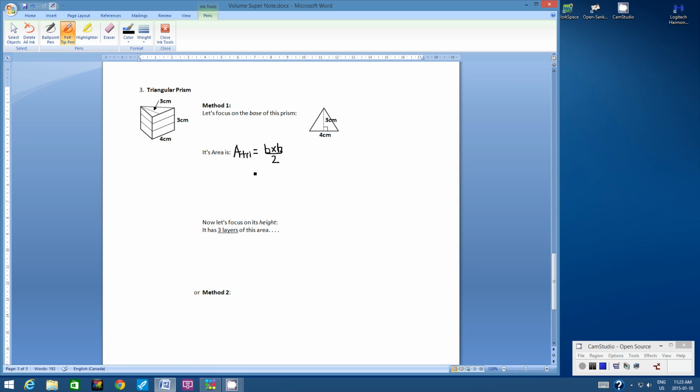All right, let's write down what we know. We know that the base of this triangle here is 4 centimeters. And remember, in a triangle, the height has to meet the base at a 90-degree angle. That's why we see this 90 degrees, a perpendicular symbol here. So the height is 3 centimeters.